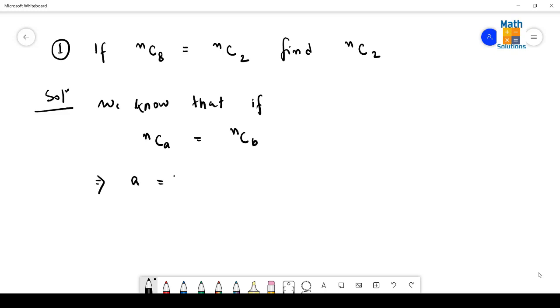Either A is equal to B or n is equal to A plus B. So let us mark this as 1 and this as 2.